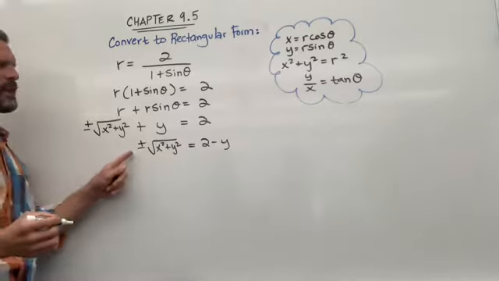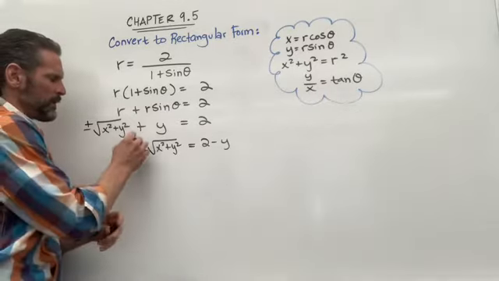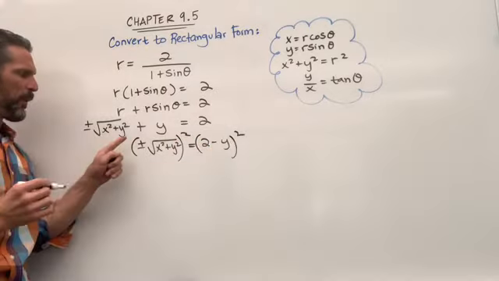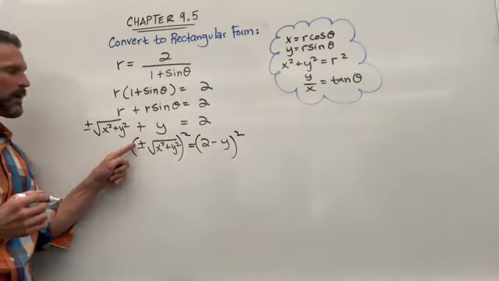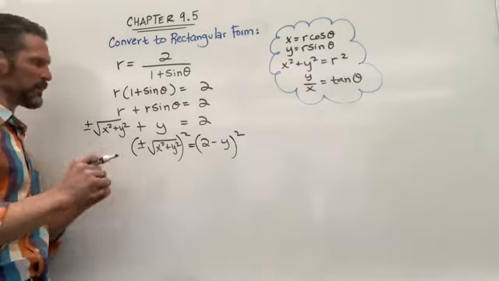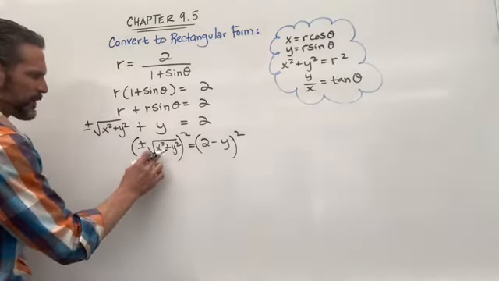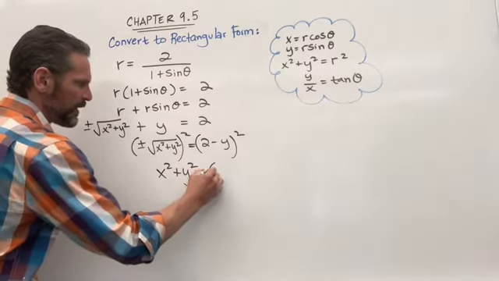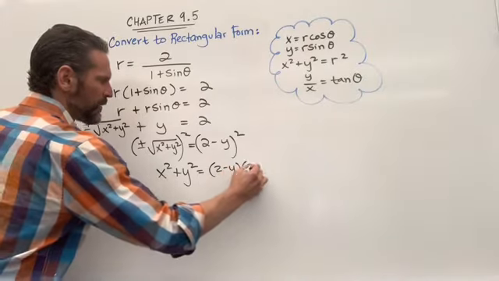And if I say, hey, let's get rid of this square root, how do we do that? Well, we can square both sides. Plus times plus when I square is going to give me plus, but minus times minus when I square is also going to give me plus. So this cleans up to x squared plus y squared is equal to (2 minus y) times (2 minus y).